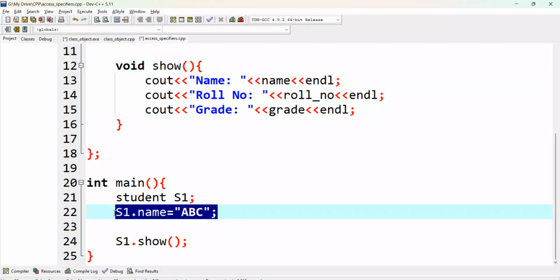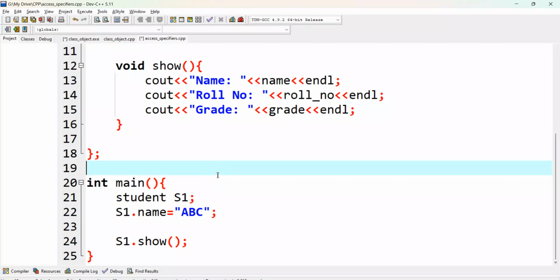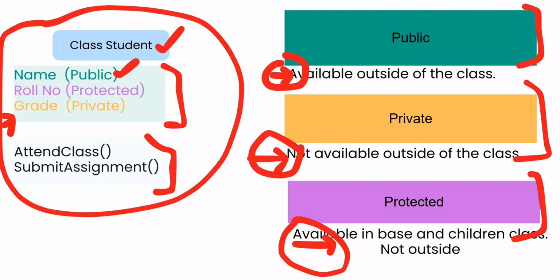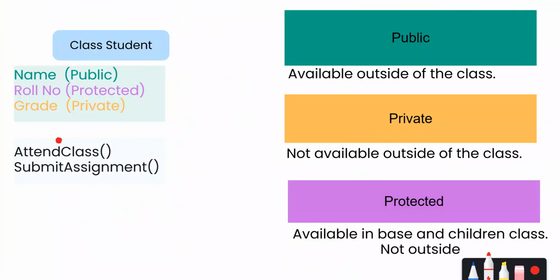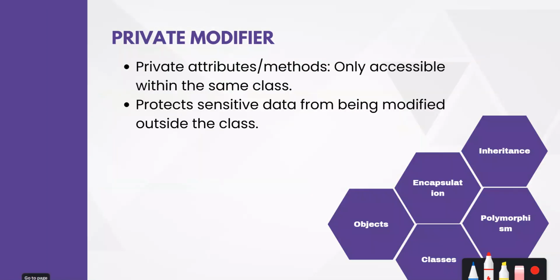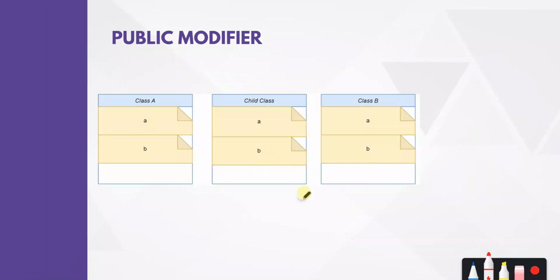So what do we know about that? The public specifier will be available to everyone, everywhere, from where you want to access it. As you can see over here, if your data members are public, for example A and B are public, then the yellow color shows that they are accessible.